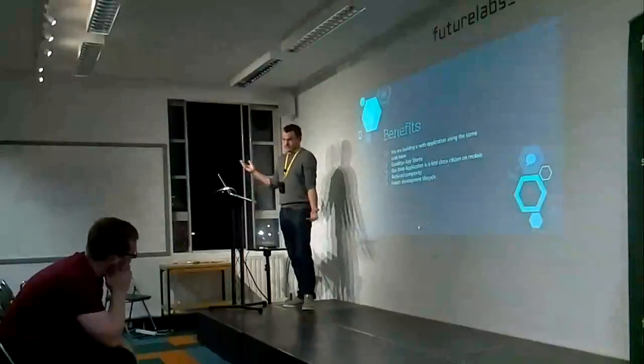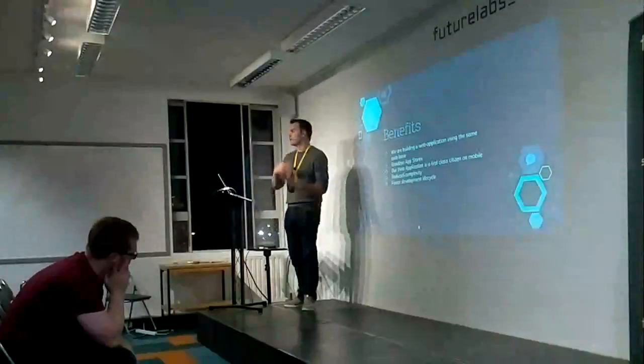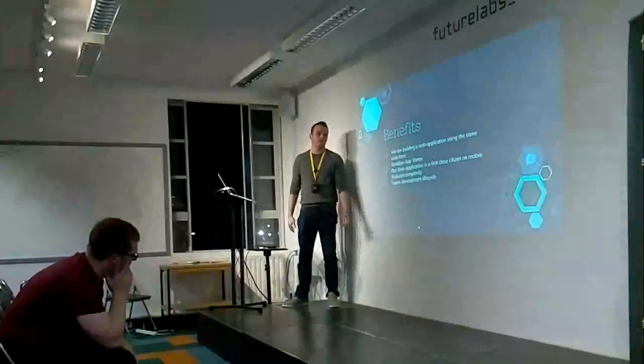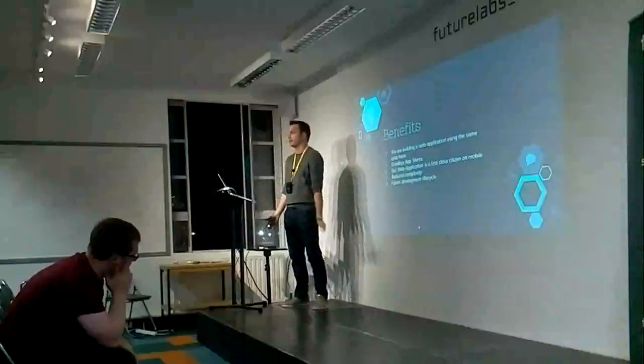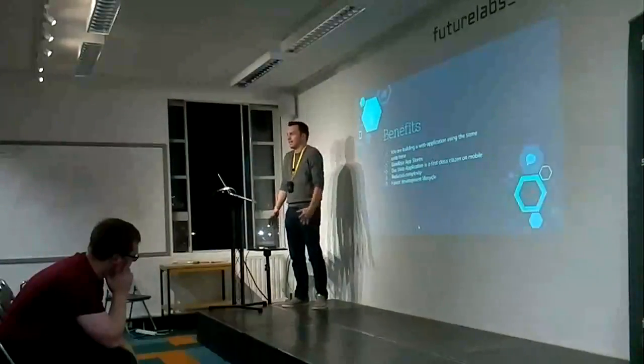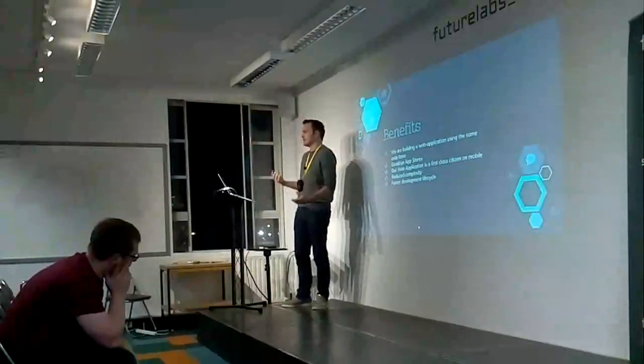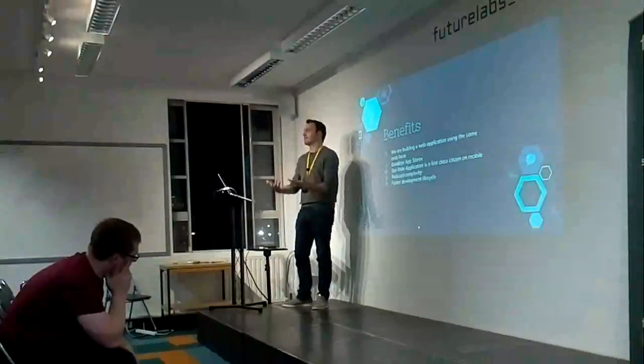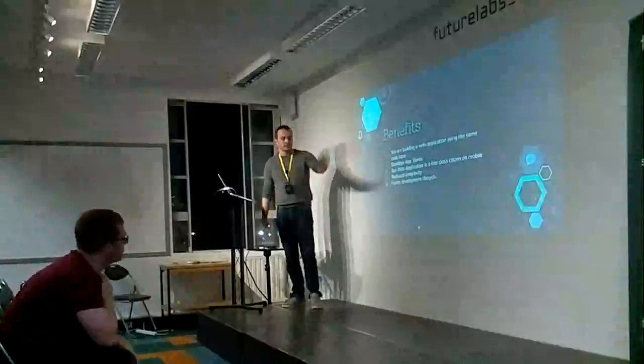So what are the benefits of going through this approach of building applications? Basically, we are building a web application using the same code base. What we're doing is essentially creating a responsive website and just adding a few features into it to make it a progressive web application. Goodbye app stores.